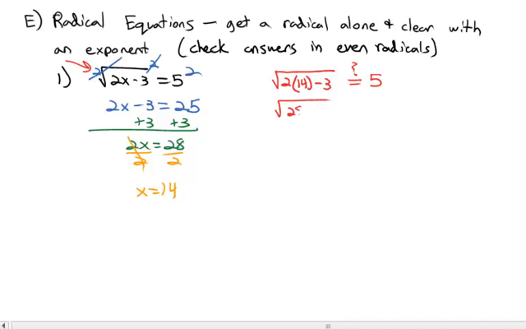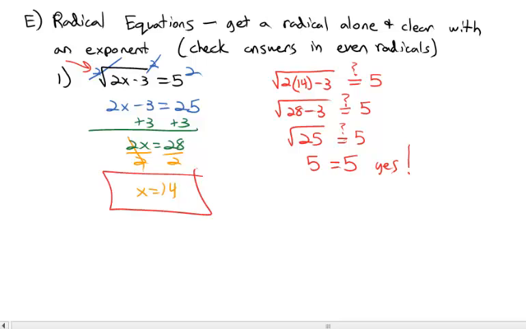Well, 2 times 14 is 28 minus 3, which we hope is still 5. And 28 minus 3 is 25, and in fact, the square root of 25 is 5. So yes, our answer, x equals 14, is correct.